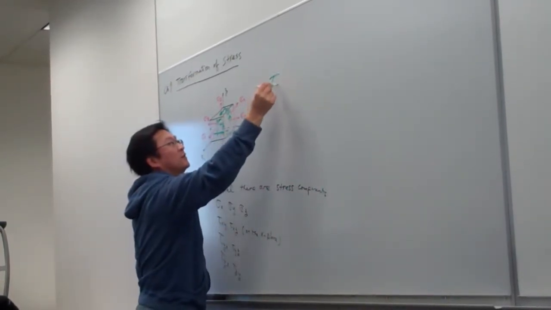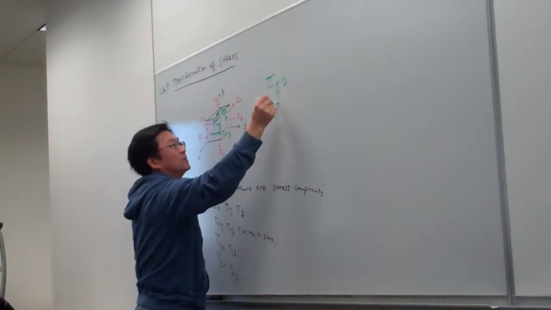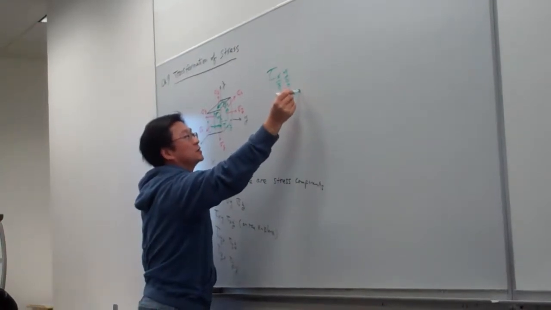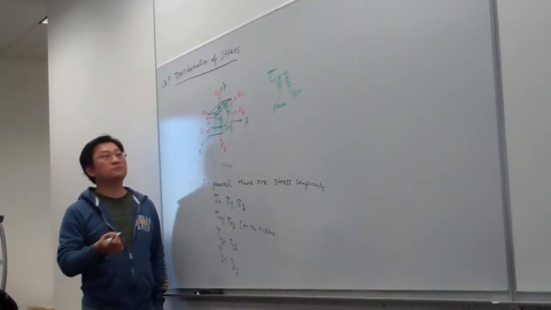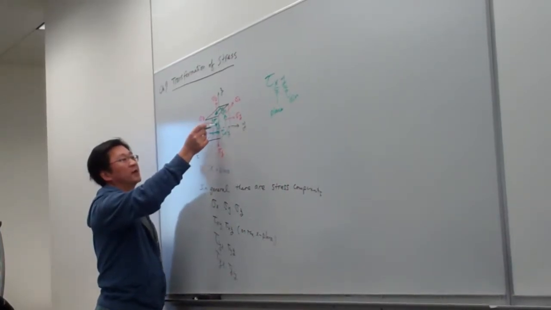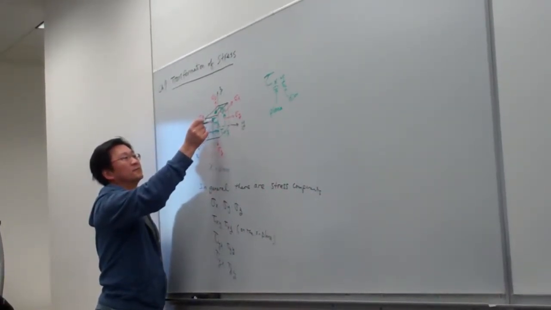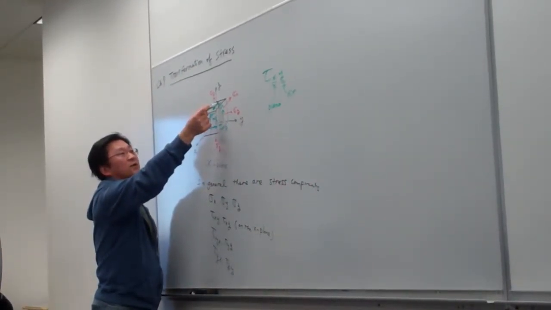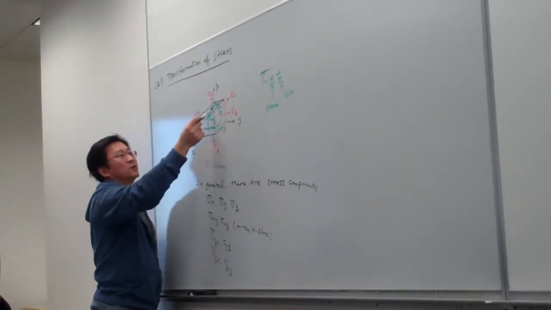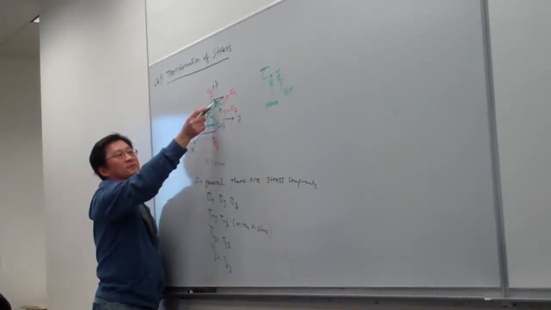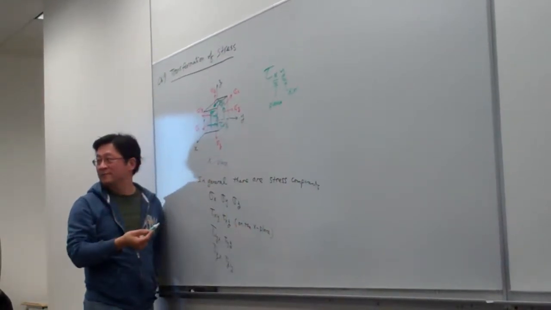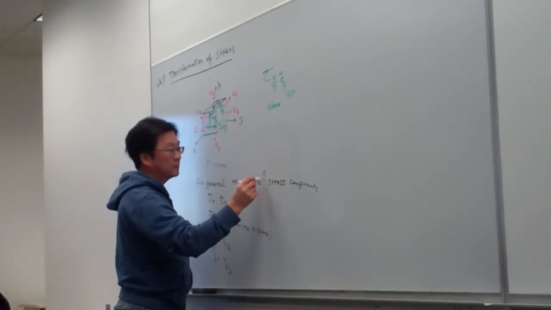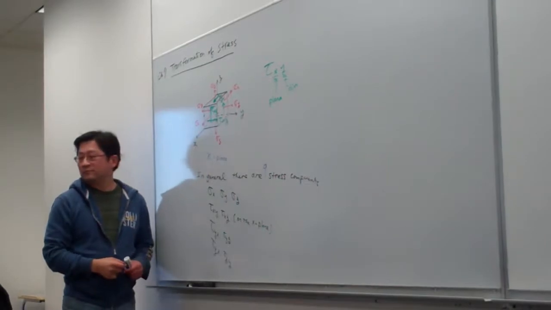For tau, for example, xy, the first symbol indicates which plane it is on, and the second one indicates which direction it is pointing to. So this is tau xz, right? And then this one is in the z plane, pointing to x direction, so this is tau zx. Okay, so in total we have 9 stress components in general.